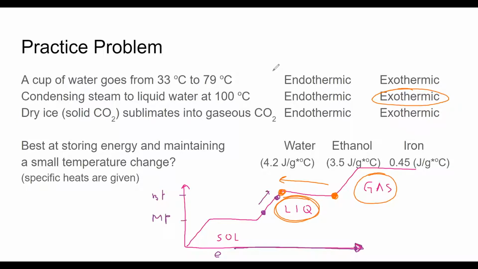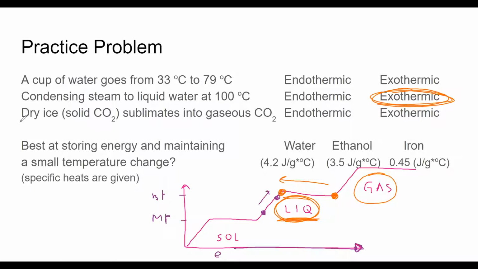Cool them down. Exactly. You're going to have to remove energy. And by removing energy, you're going to make them move slowly. When they move slowly, they're going to behave more like a liquid. So that's why it's going to be exothermic, because you have to release energy or remove energy from the system to get those molecules to a calmer state of matter.